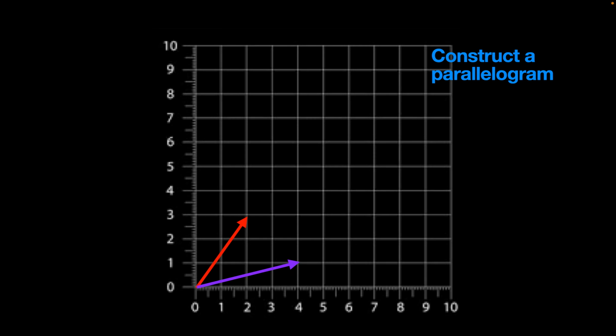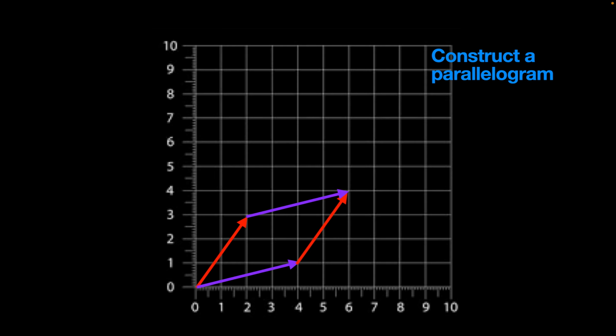What will become important is understanding how to construct a parallelogram with vectors. Again, the red and purple vector don't have to start at the origin. They can be moved and shifted around. And if we duplicate some of these vectors, we can use them to construct a parallelogram. If we take the red vector and duplicate it and move it over here, and we take the purple vector and duplicate it and move it over here, we can use these two vectors to construct a parallelogram.